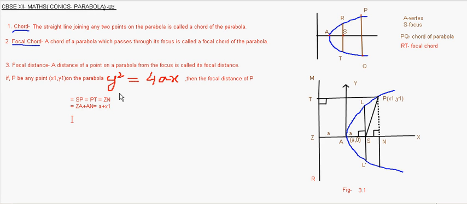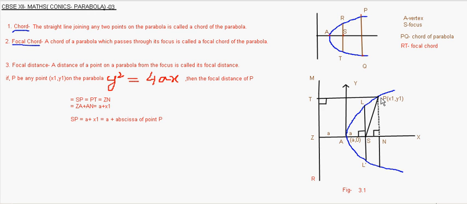So therefore you can write that SP is equal to a plus x1, which is equal to a plus the abscissa of point P.